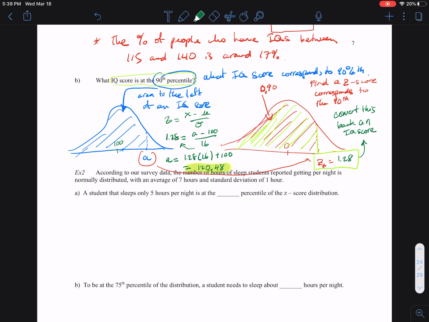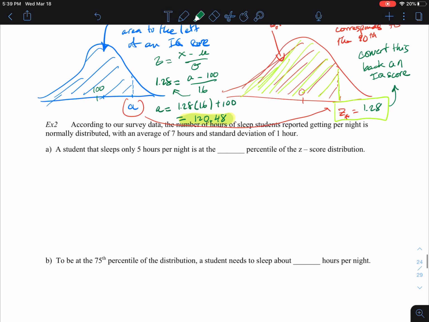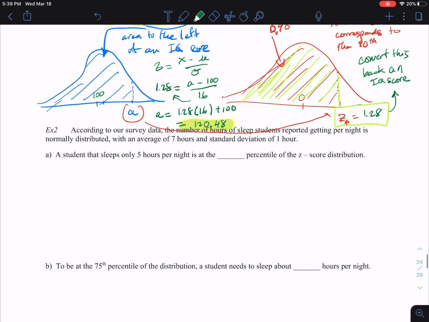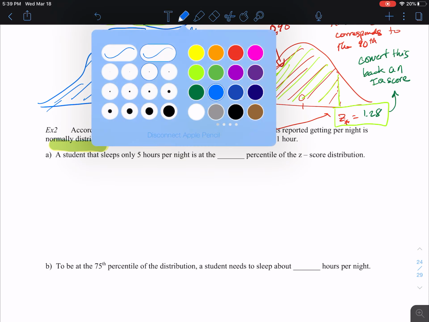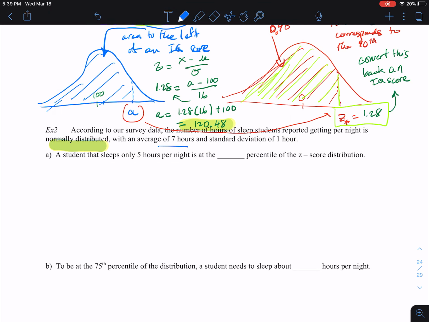Okay, so in example 2, according to the survey data, the number of hours of sleep students report getting per night is normally distributed. We say that a data set of number of hours students get per night is normally distributed, with a mean of 7 and standard deviation of 1.